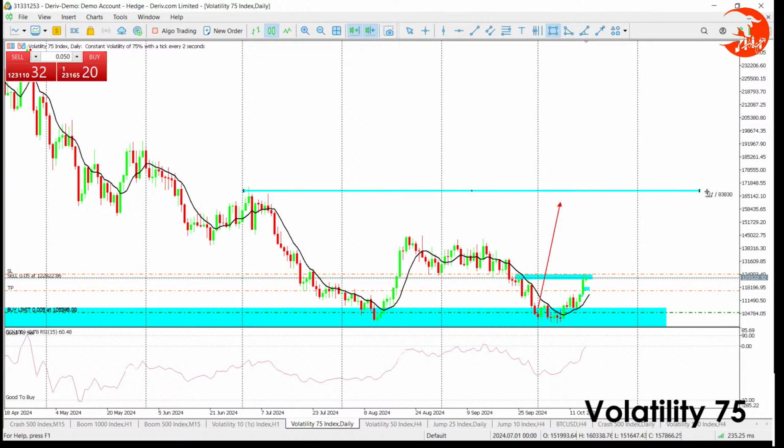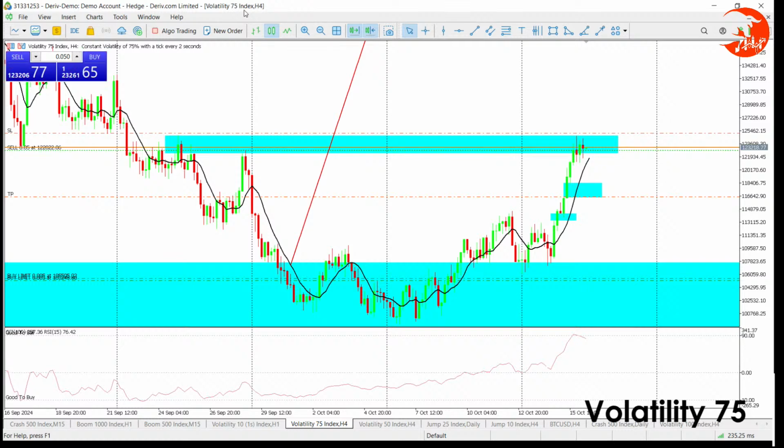We have some resistance there. We have some resistance up there, so wait for that. But for now, according to H4, I'm anticipating a sell to grab some liquidity here, and then later on probably it will have enough momentum to break out of that resistance level.